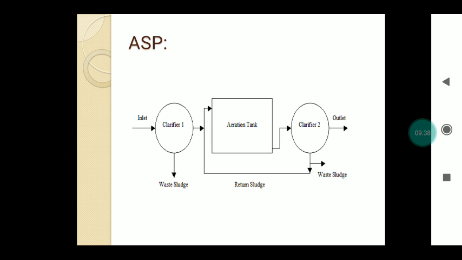From there the sewage passes to the secondary sedimentation tank, which gives the byproduct in a stable form. But from the secondary sedimentation tank, some sludge is added back into the aeration tank to oxidize again. This is the actual construction of the activated sludge process.